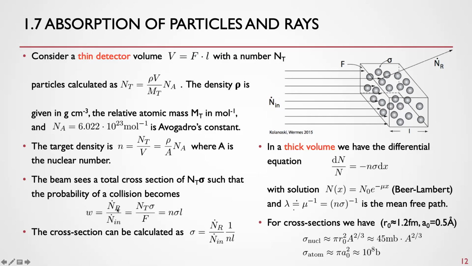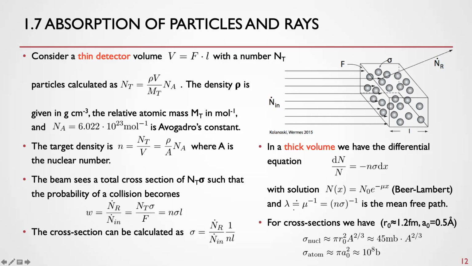The first way is to take the rate of outgoing scattering events per unit time and divide it by the ingoing rate of particles per unit time, because that number will give us the probability that the scattering event actually happens.